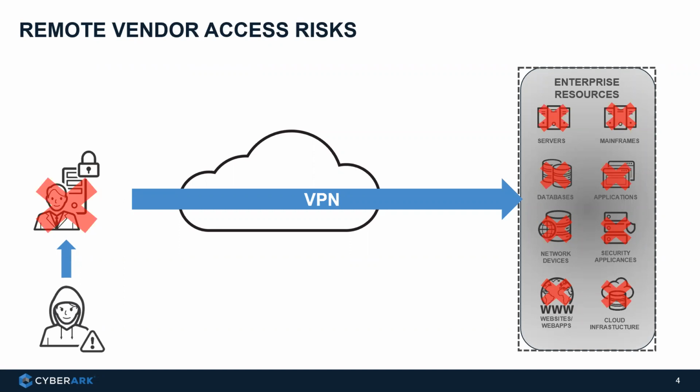Some GPO, some AppLocker, maybe they are using our solution, which is called Endpoint Privilege Manager, to do least privilege on the stations, to elevate privileges for specific applications, to whitelist and blacklist applications. And if we are using trusted VPN agents, most probably they will be able to install them.